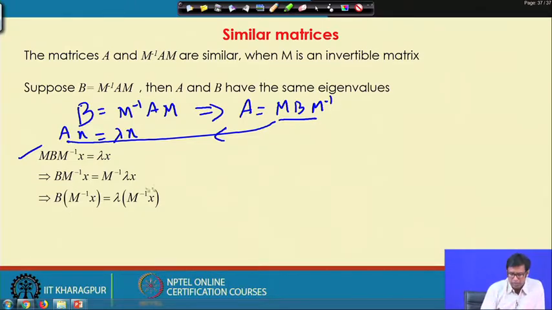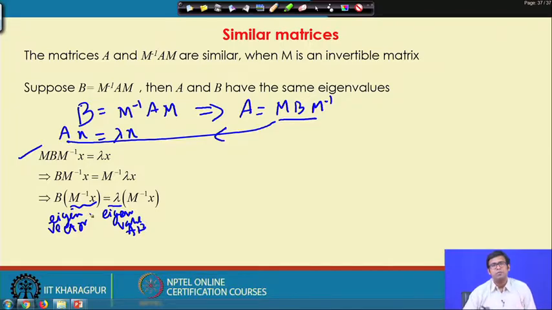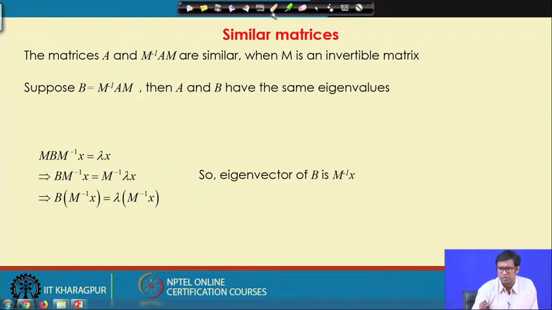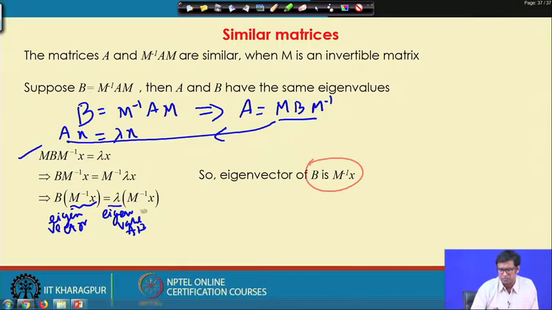So lambda is an eigenvalue of B and M inverse x is the corresponding eigenvector, because it is basically B y is equal to lambda y, where M inverse x is any vector y. So the eigenvector of B is M inverse x, and A and B have the same eigenvalues, which is lambda.